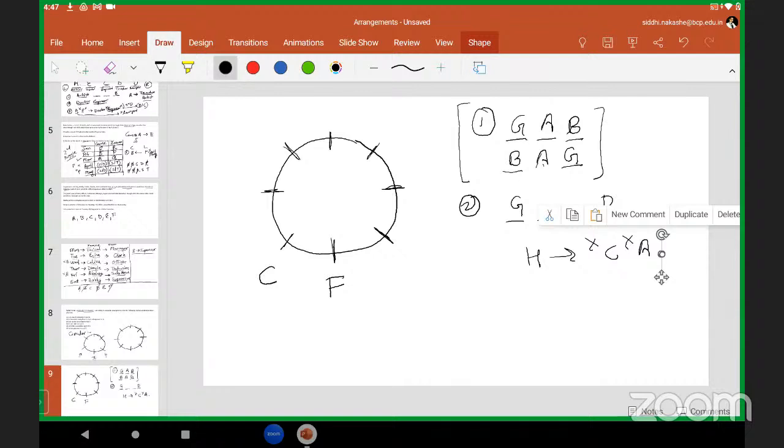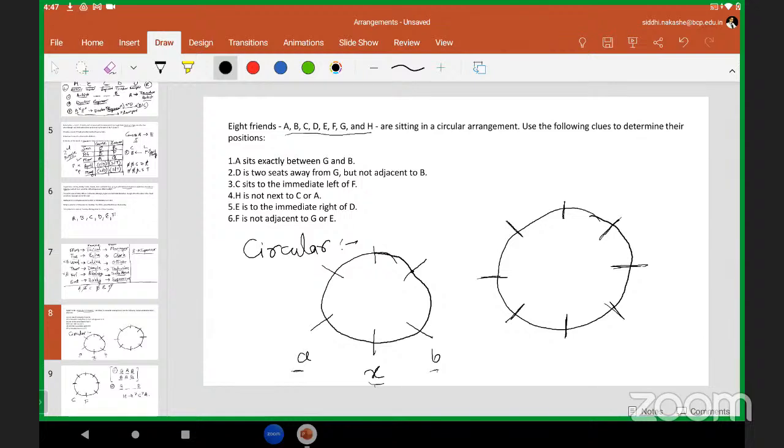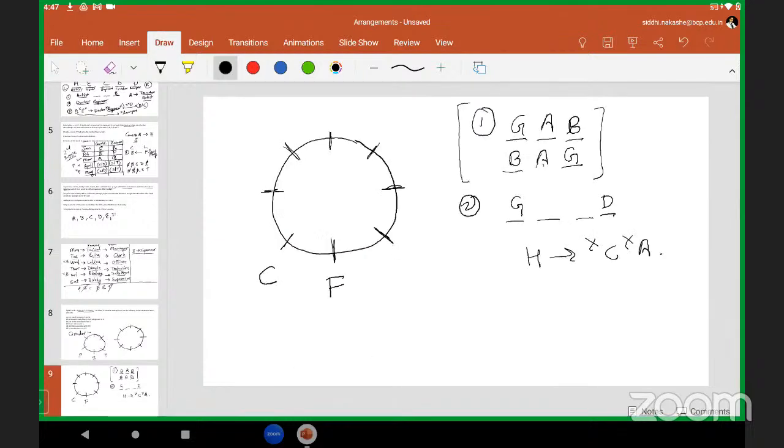So again, we'll move on to the conditions. E is to the immediate right of D. So E is to the immediate right of D. We can continue it to be here. So with this we can make a condition out of that. So G, D, E. So that means we have got a five places condition.